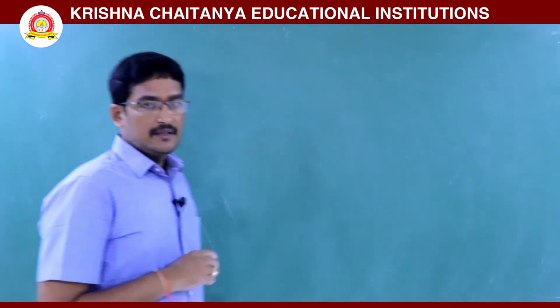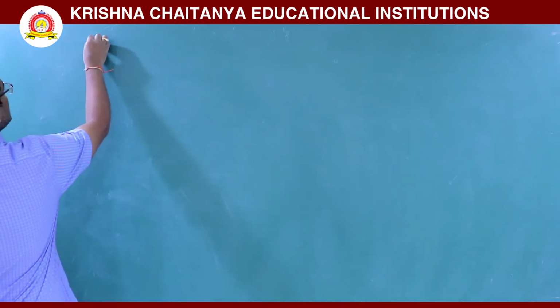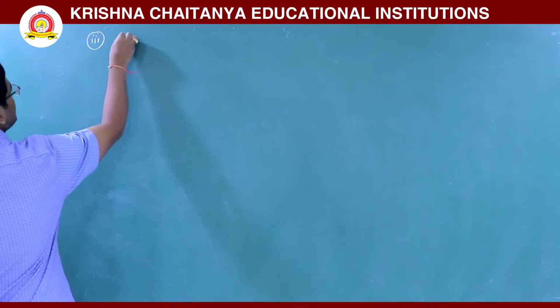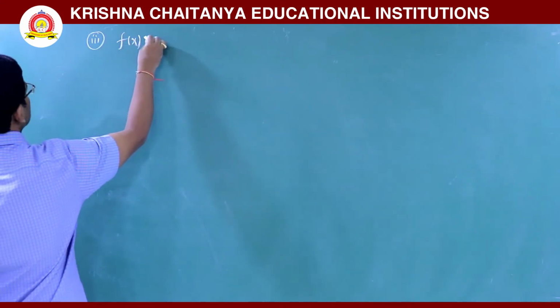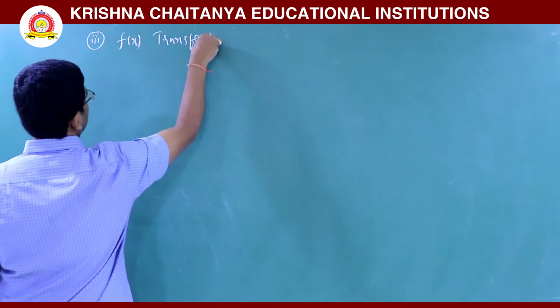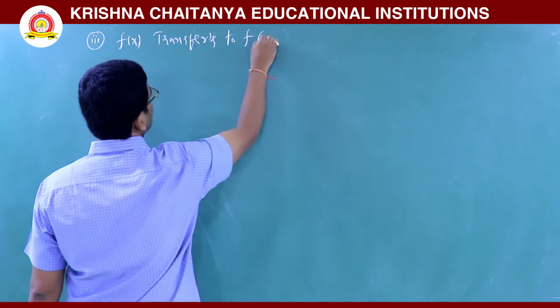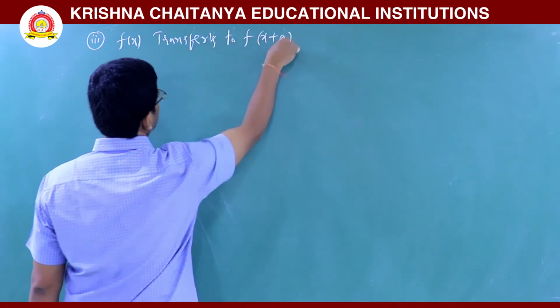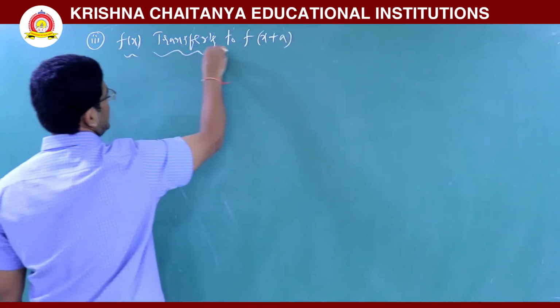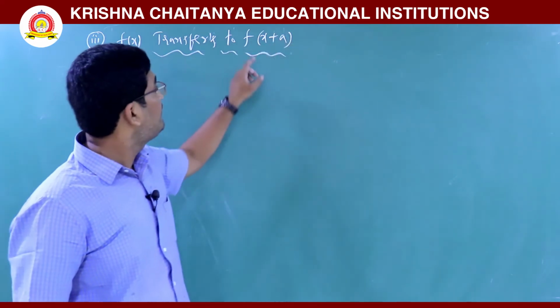Okay. Let me explain the next transformation, the third one. When the curve f of x transfers to f of x plus a, you have to get the graph of f of x plus a.